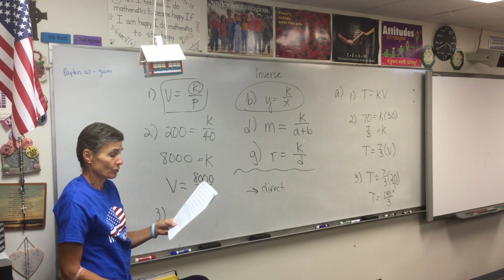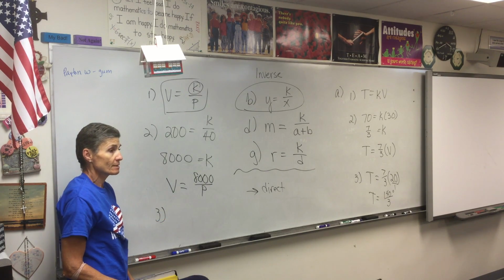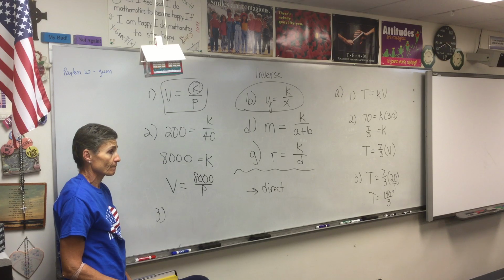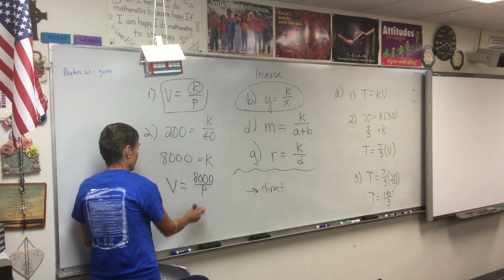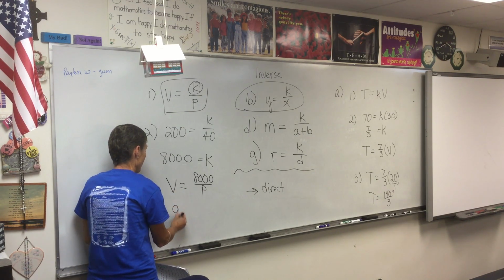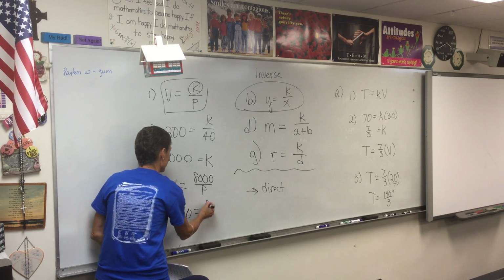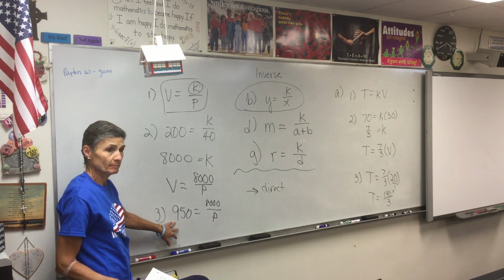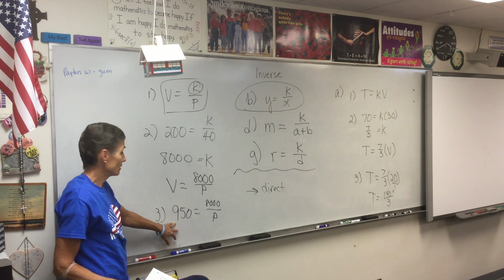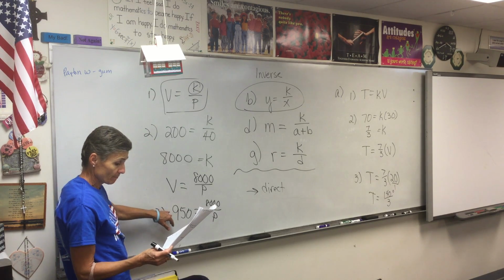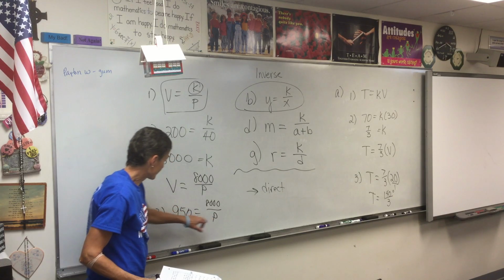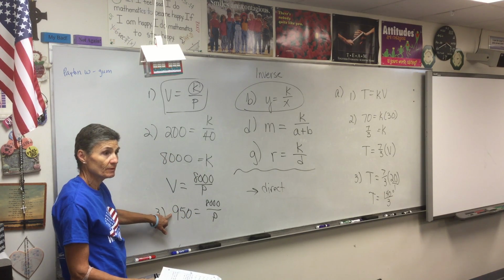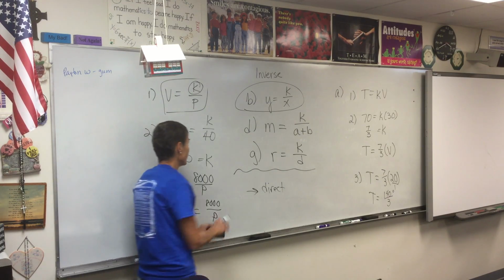And then I can answer the third question. Find the pressure if the volume is 950. Does that seem like an okay setup? It says find the pressure if the volume is 950. Okay, how do we solve that? That's a little harder to solve.